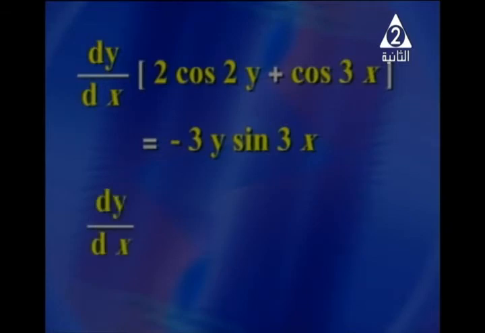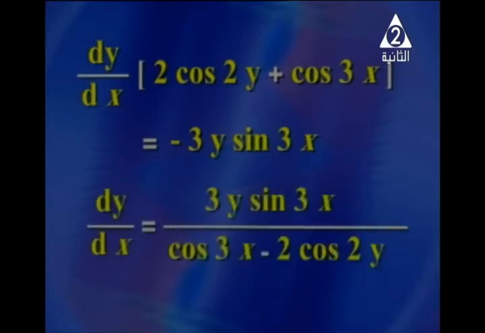Then dy by dx equals negative 3y sine 3x over cosine 3x plus 2 cosine 2y. Remember, dear student, the right-hand side is negative. In the denominator, we take the negative highest common factor and simplify negative with negative. The answer is dy over dx equals 3y sine 3x in the numerator over cosine 3x minus 2 cosine 2y in the denominator.